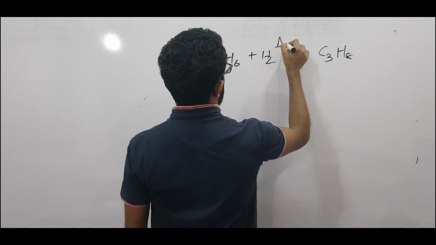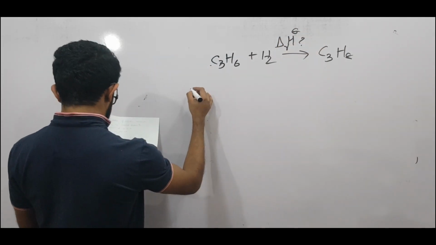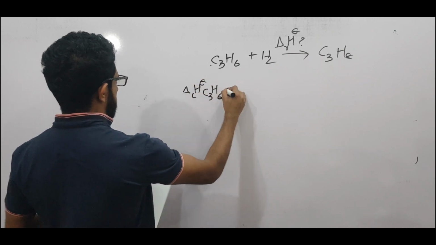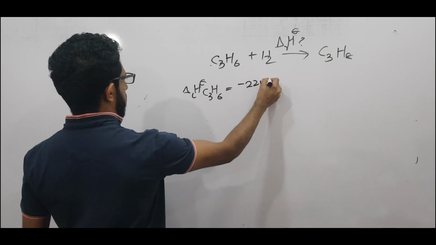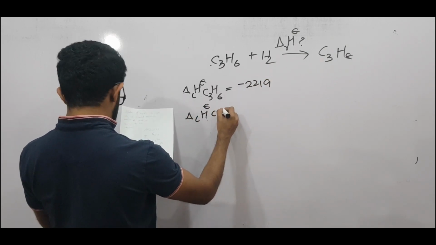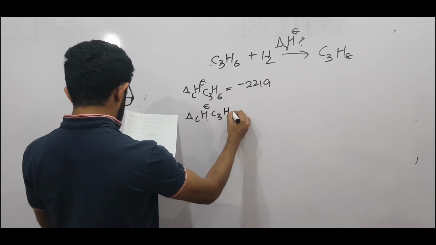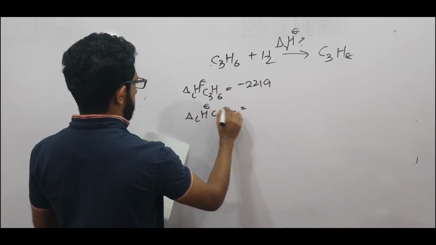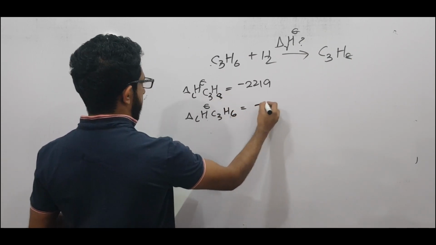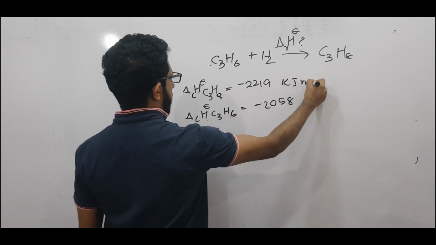The data you are given: combustion enthalpy of C3H8 is minus 2219, and combustion enthalpy change of C3H6 is minus 2058. All of them are kilojoule per mole.